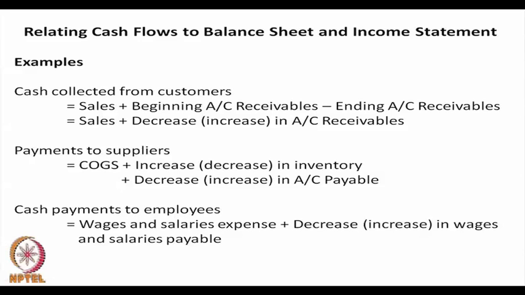So, friends, what we have done in the course of our discussion on financial statements is that a company must publish its financial statements in the form of a balance sheet and a profit and loss statement.